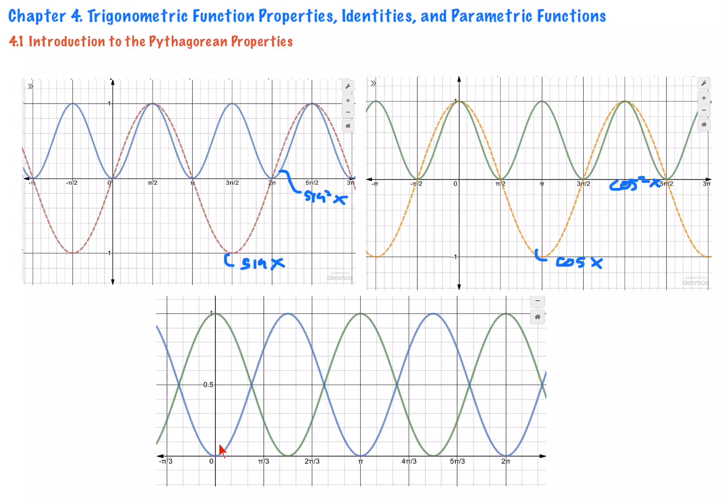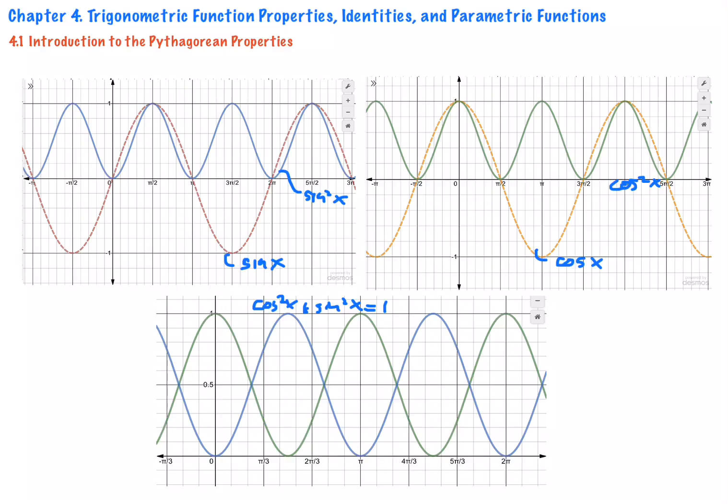When I combine them, let's say when the blue graph has a value of 0 and the green graph has a value of 1, when I add them, it becomes 1. The same thing holds at each value, so I can present that cos square x plus sine square x is equal to 1.